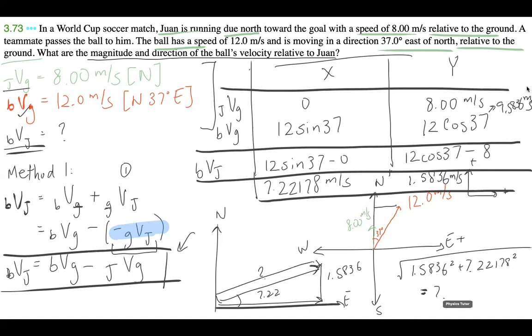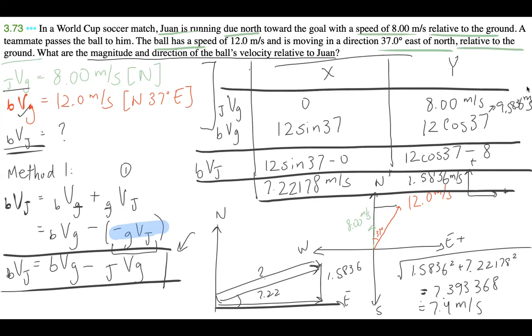That's okay. I'm just going to make sure, because I don't want to have to redo this problem again. Yeah, okay, so it's approximately 7.4, so 7.4 meters per second, because we used the Pythagorean theorem.